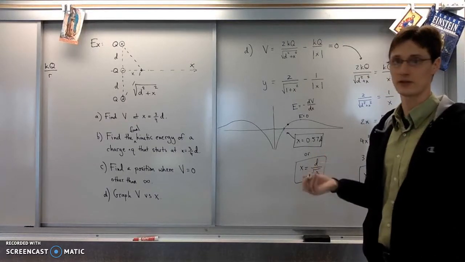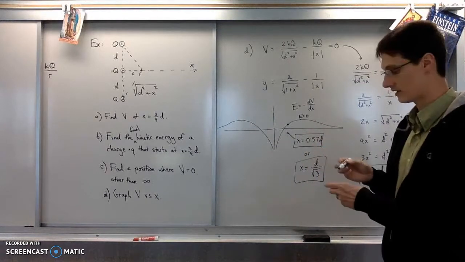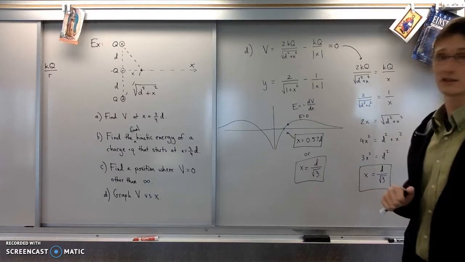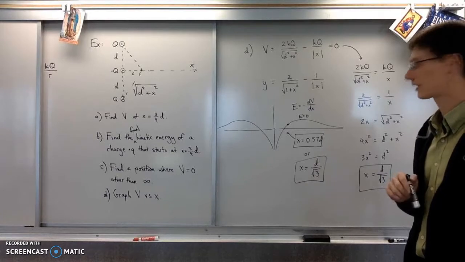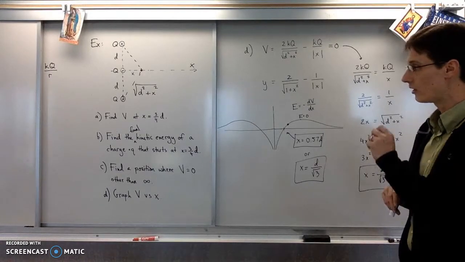Anytime you find a local min or a max in a graph of potential, that's going to be a spot where the electric field is 0, and that can most easily be solved for by your calculator.